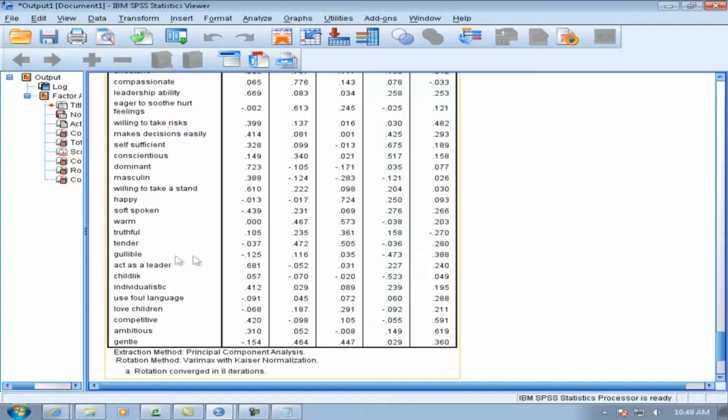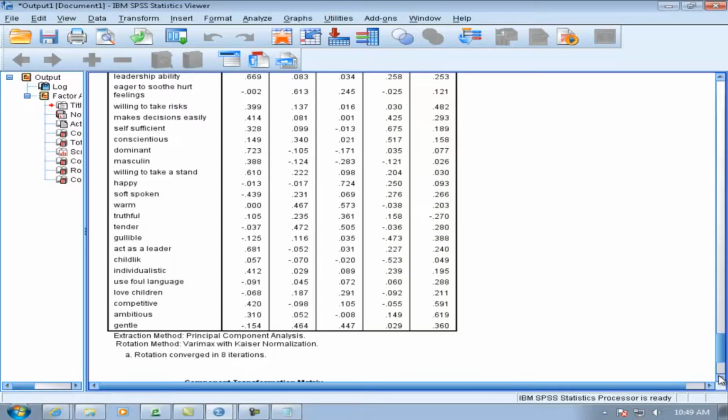Okay, then gullible, act as a leader, factor 1. Childlike, okay, factor 4, but we're going to have to recode. Make sure you let me know that. And then individualistic, 1.